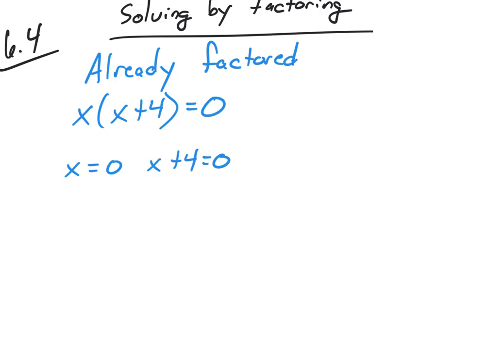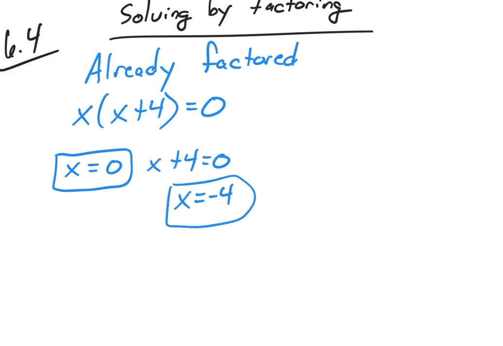That's one of my solutions. x plus 4 equals 0, we subtract 4, and we get x equals negative 4. Those are the two values that make this equation equal 0. It's pretty easy if it's already in factored form, right? There's not much to do. We just set it equal to 0 and solve it.